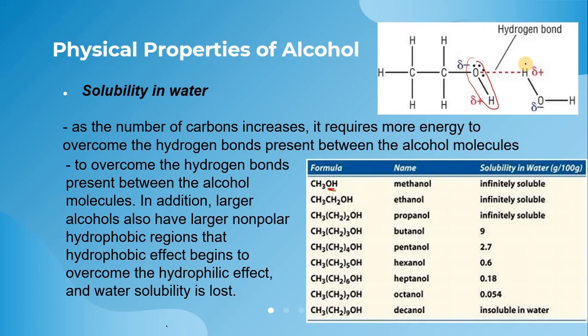It connects here and breaks the bonds, so they become simple forms and separate from the main hydrocarbon chain. So, to overcome the hydrogen bonds present between the alcohol molecules, within here there are hydrogen bonds.